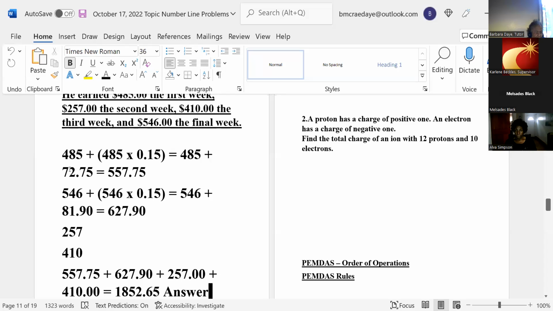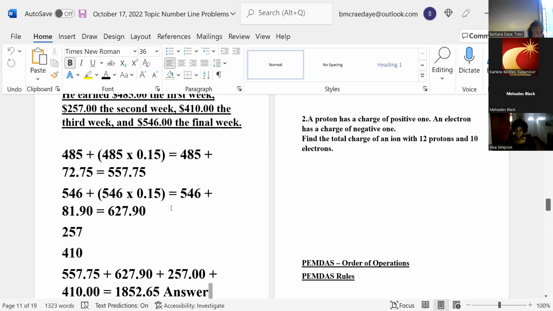Add that to the 485 and you get 557.75. And the same thing with the 546: take 15% of the 546 and add that to the 546. That's the $81.90, which came from multiplying to get 15% of 546.